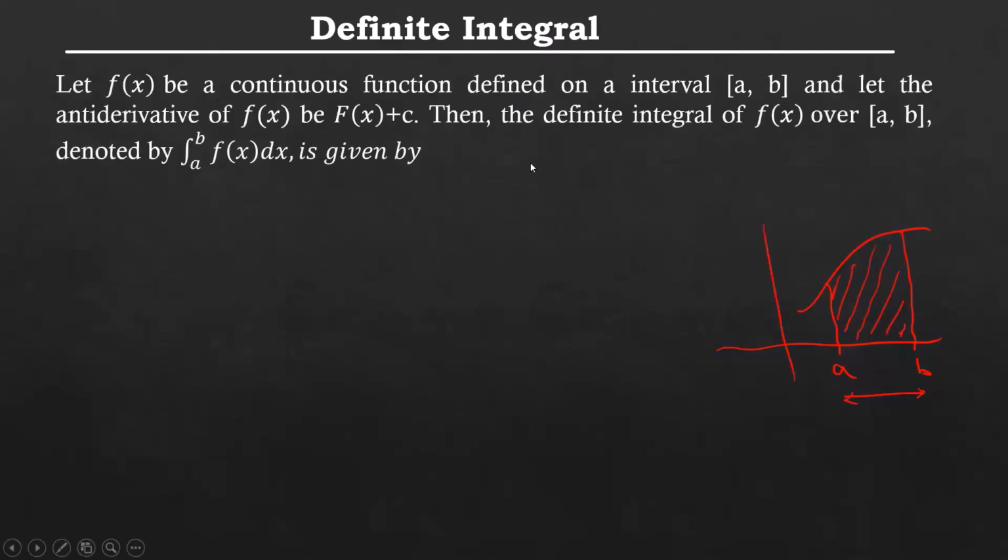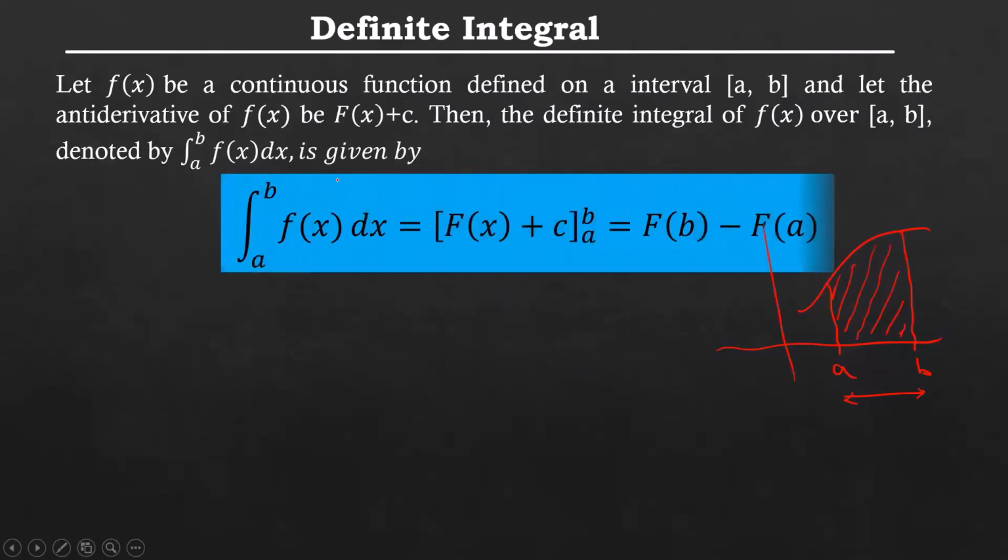Suppose f of x is a continuous function defined over that interval ab, and then the antiderivative of f of x, you know all of these things. After calculating this function, you know this is your primitive function F of x plus c. This is the indefinite integral, which is not unique and comes together with a constant. Just put the upper and lower limits.